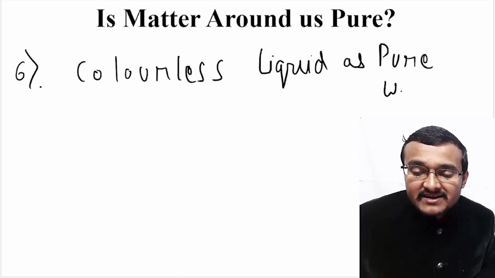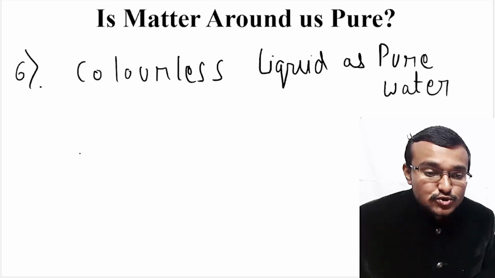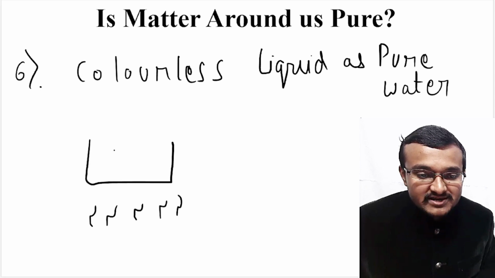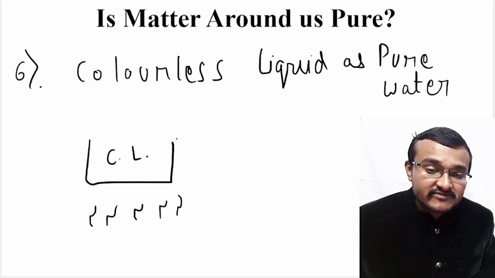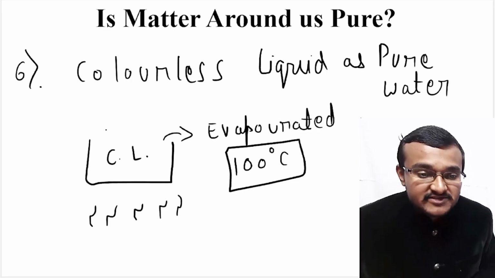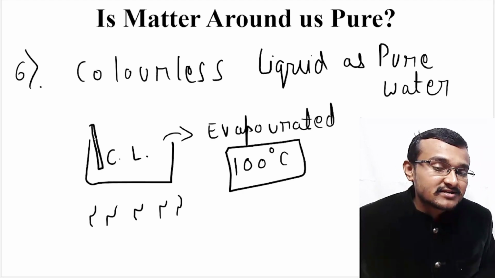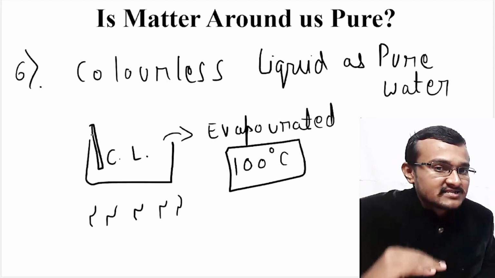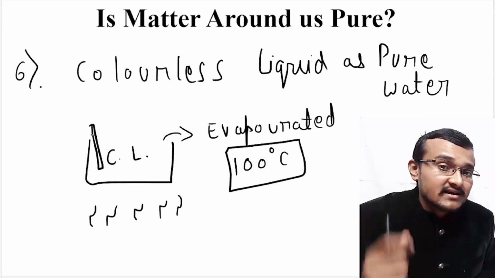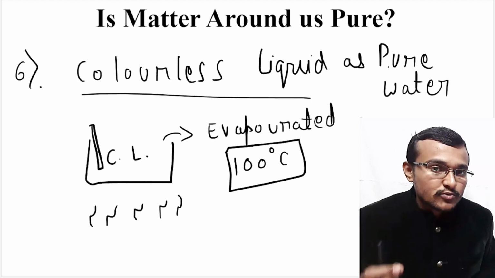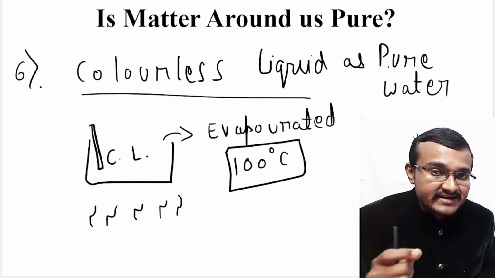To identify a colorless liquid as pure water, you should boil it. If you keep a thermometer in the colorless liquid, and the temperature does not cross 100 degrees Celsius and the liquid starts evaporating exactly at 100 degrees Celsius, then you can confirm that this colorless liquid is pure water, because pure water has a boiling point of 100 degrees Celsius.